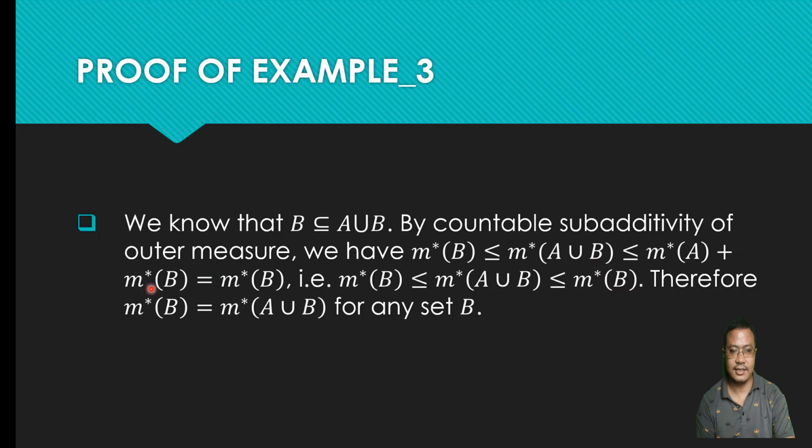But m star A is equal to 0, so this is exactly equal to m star B. So this number is in between this number and this number, therefore all of them must be equal. So m star B is equal to m star of A union B for any set B. This is a very short example, but one of the fundamental examples also.